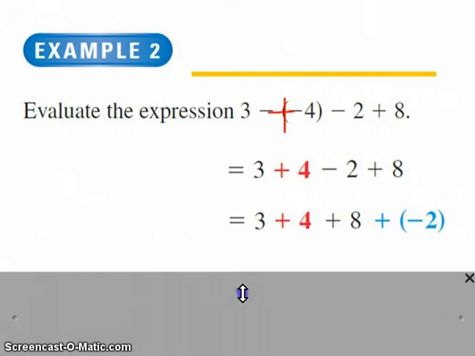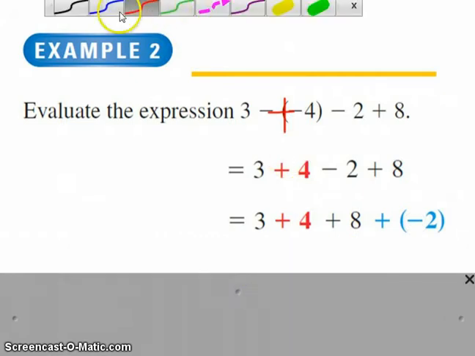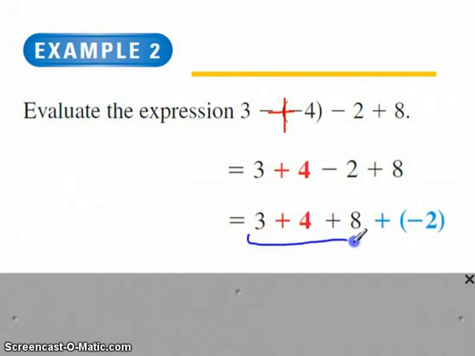And now I can do my work. Solve this problem. 3 plus 4 plus 8. Give you a second to think about that. 3 plus 4 plus 8 becomes 15. So I've got 15 plus negative 2.